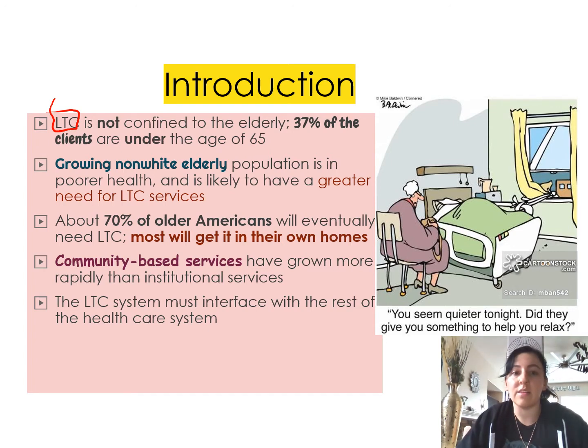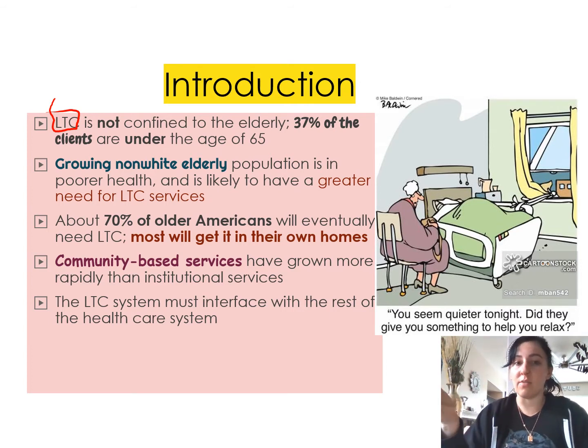Anyway, there is a growing non-white older adult population, and the non-white older population is actually much poorer in health. They're a little bit worse off health-wise, and they're more likely to need long-term care services when they start to get older.